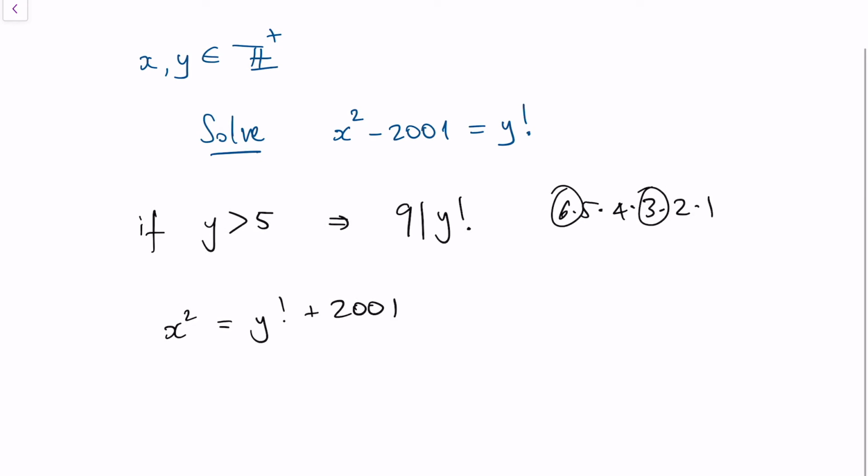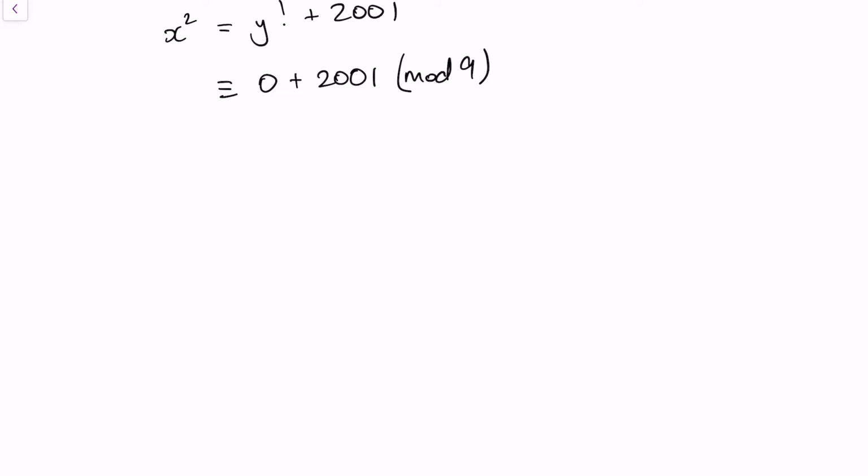That will be the same as 0 plus 2001 in mod 9. So the closest number to 2001 which is divisible by 9 would be 1998.